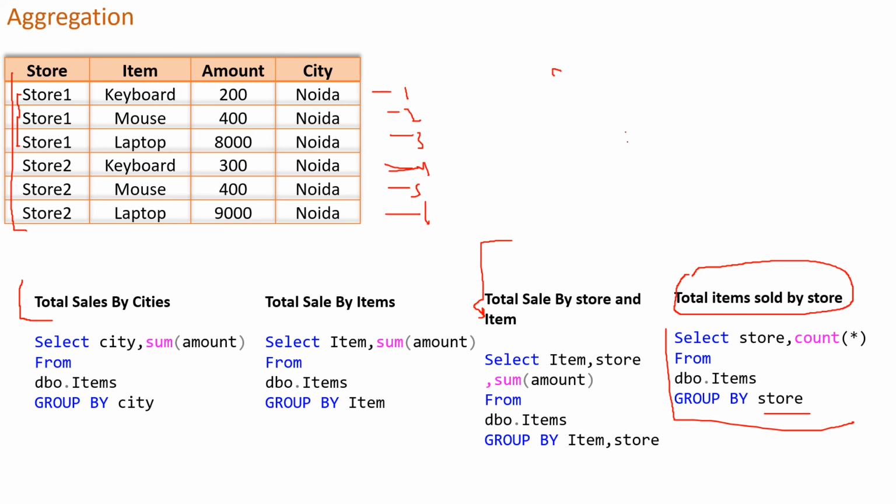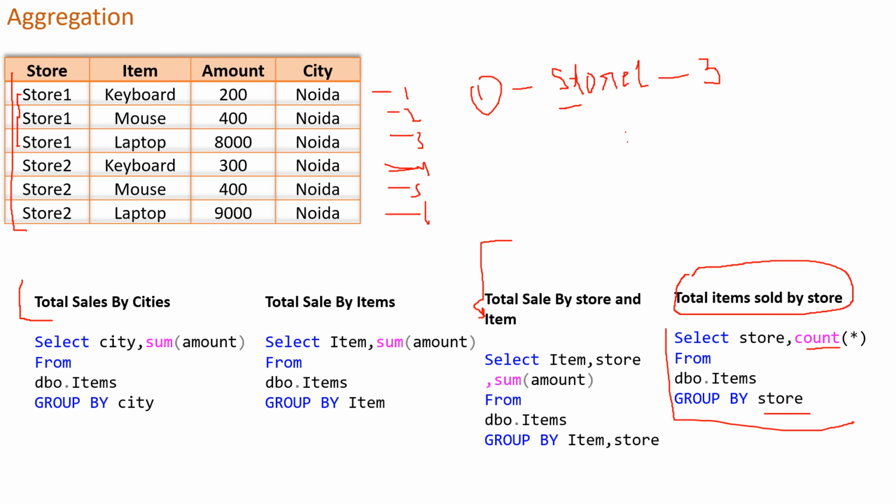So we will get store 1, and in this store 1, the aggregation count function is executed. What count does is count each and every row. So in store 1, group 1, we have 3 rows, so it will return 3.